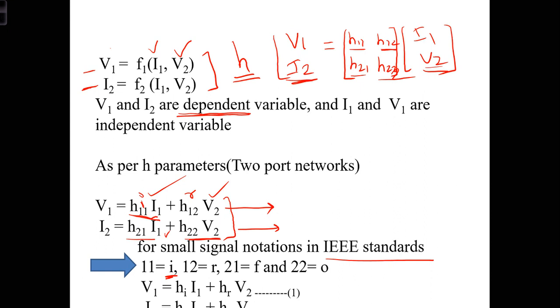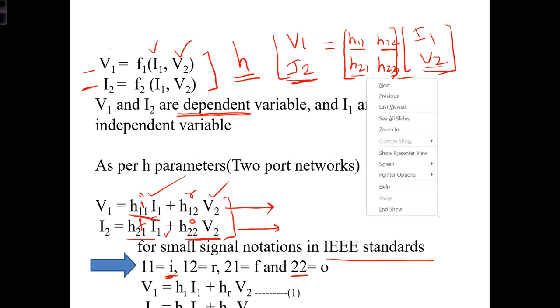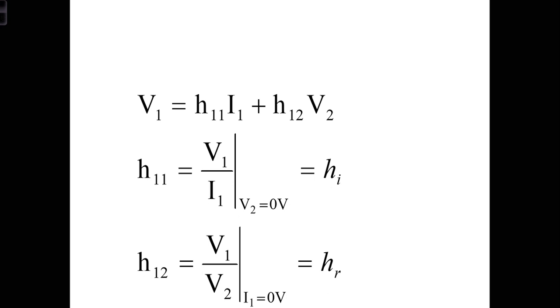H21 is actually your F. F means forward, it is the forward current gain, therefore it is denoted by F. H22 is I2 by V2, the output admittance, so it is denoted by O. So if you replace it, H11, V1 by I1, is HI.